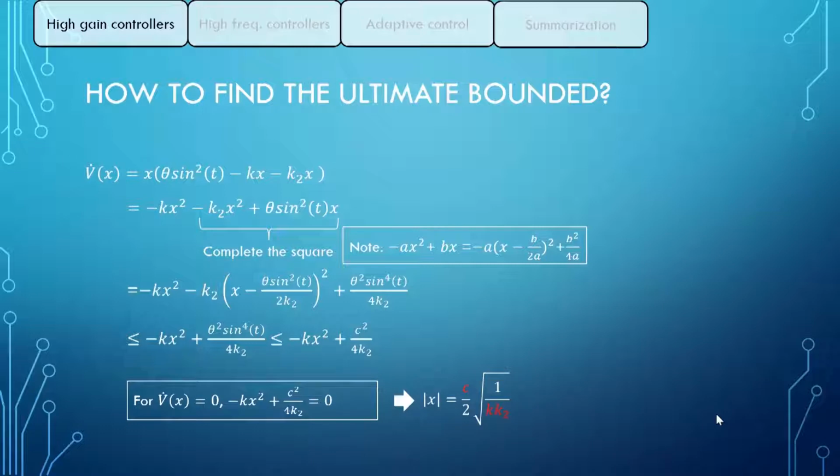And by increasing the control gains, you can make x arbitrarily close to the origin. Remember what you have in your hand, and the tool is the upper bound analysis, stability analysis. Here's the trick: you can use complete the squares to take care of the upper bound, the worst case.